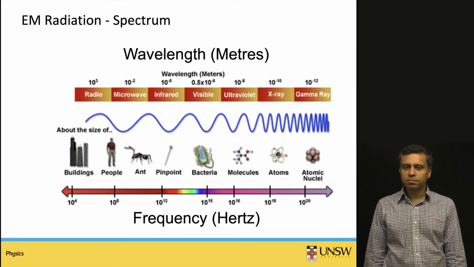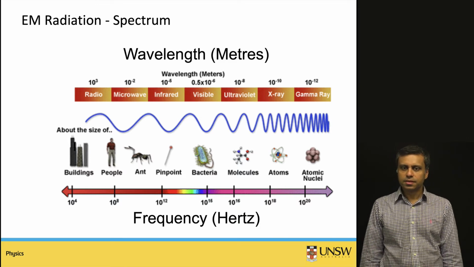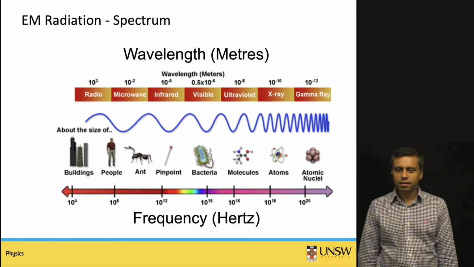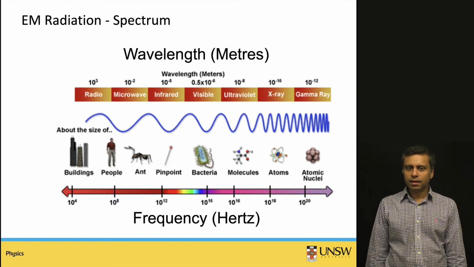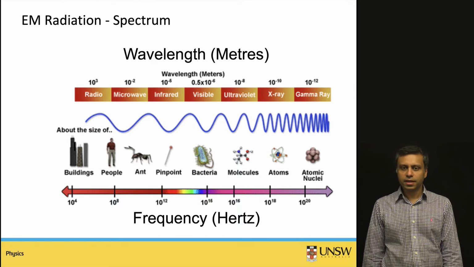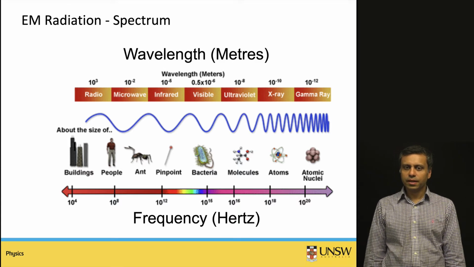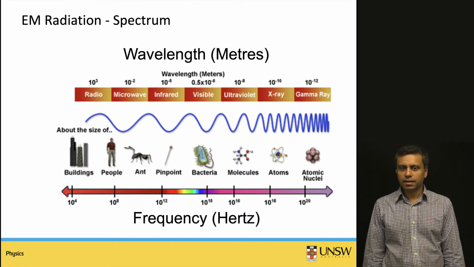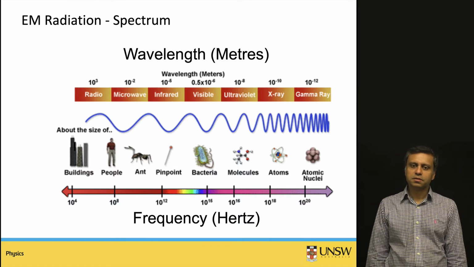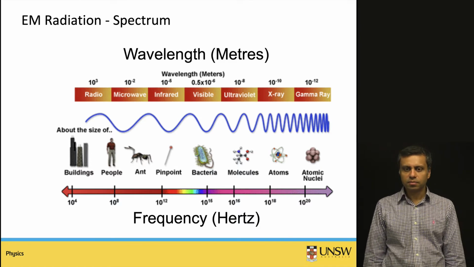And then we come to visible light. This is even smaller. This has an even smaller wavelength. And then we go out of the visible range again, to the ultraviolet spectrum, then the X-ray spectrum. X-rays have wavelengths that are typically the size of atoms, like nanometers or angstroms.